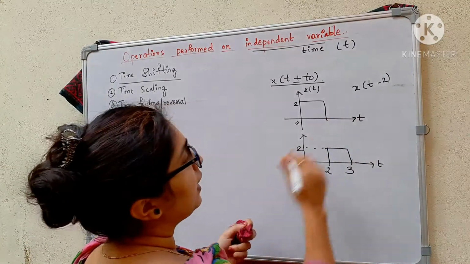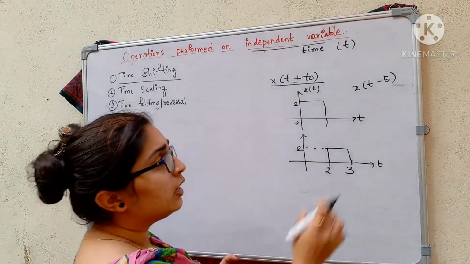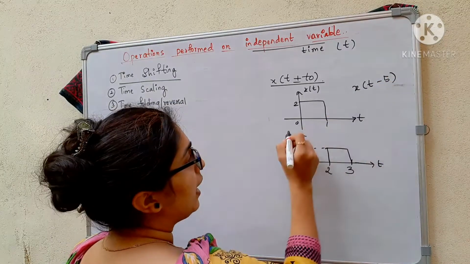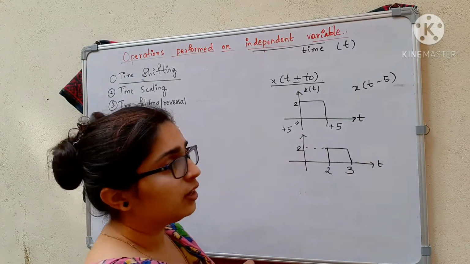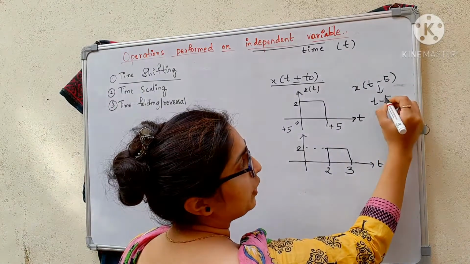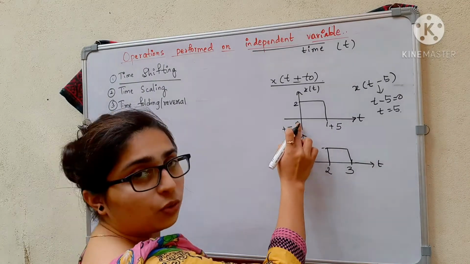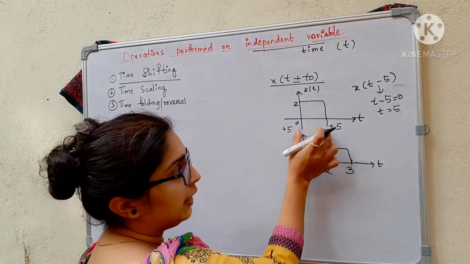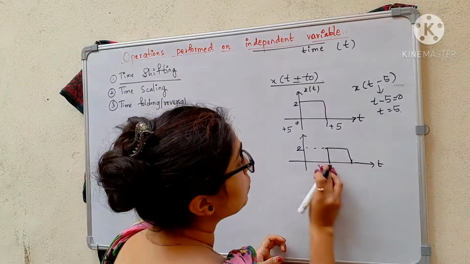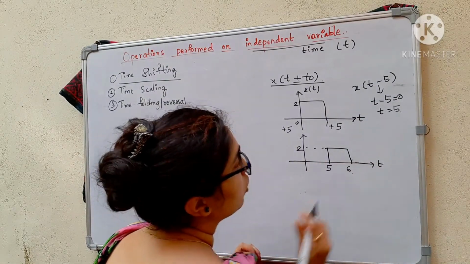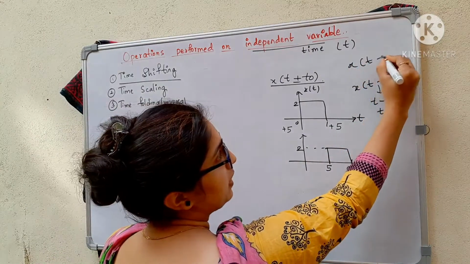If you get t minus 5, you equate it to 0, which gives t equal to 5. Add that to the starting and ending points, so 0 plus 5, 1 plus 5. It is from 5 to 6. This is towards the right when you have x of t minus t naught.